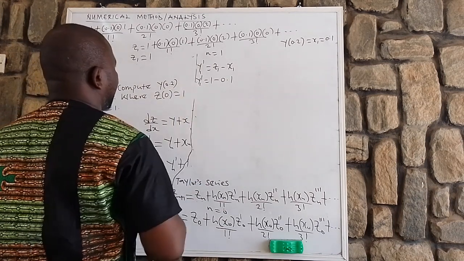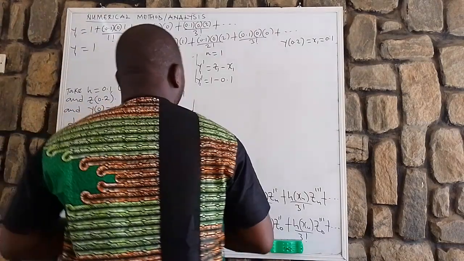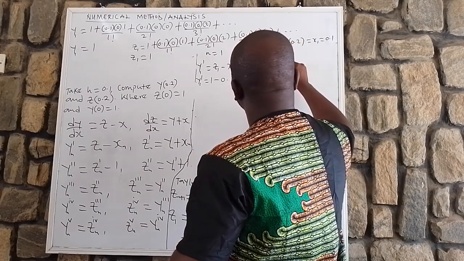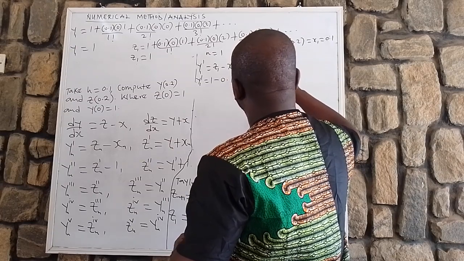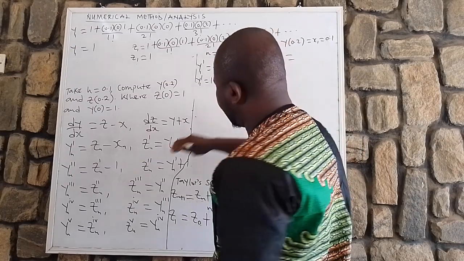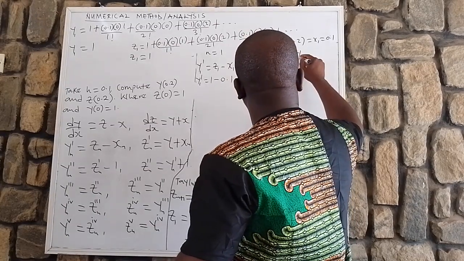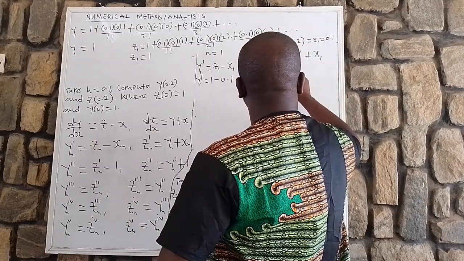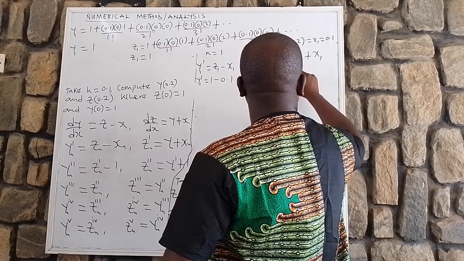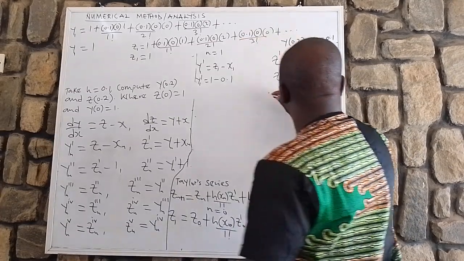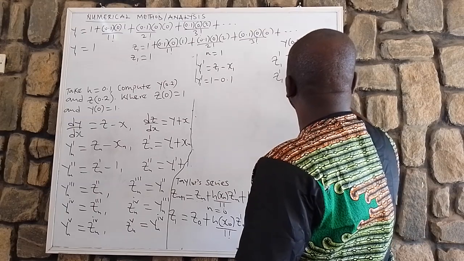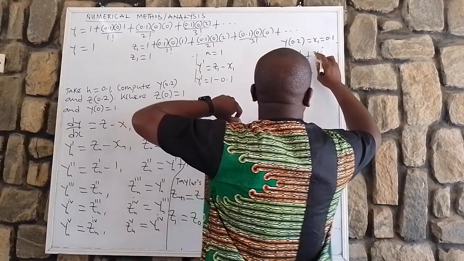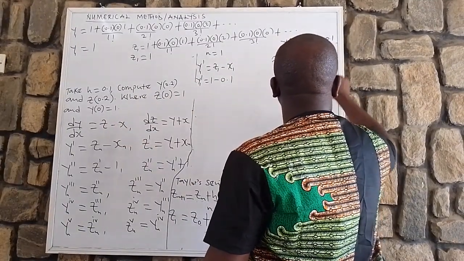Then the same thing applicable here. z1 prime is equal to y1 plus x1. y1 is 1 plus x1, which is 0.1.